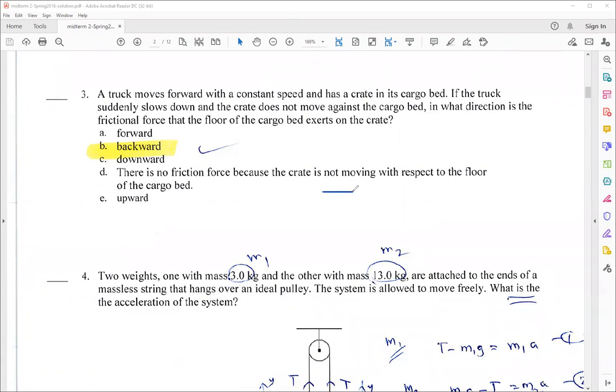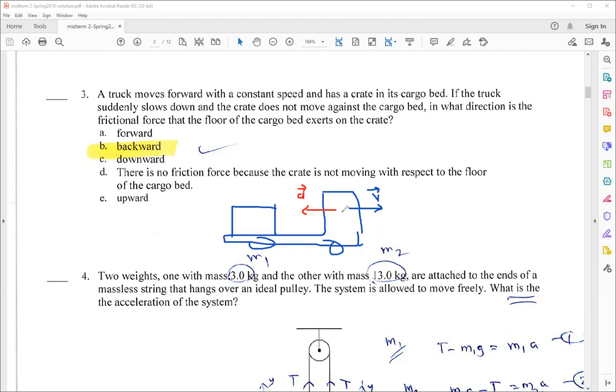So this is the truck, the crate, and initially the truck is moving with constant speed, let's say velocity v. If the truck suddenly slows down, acceleration is pointing to the left or backward.